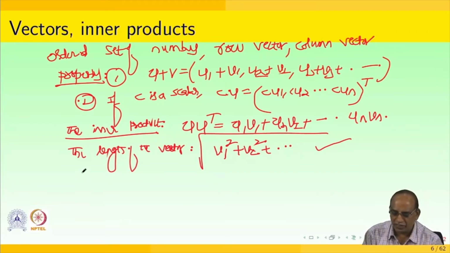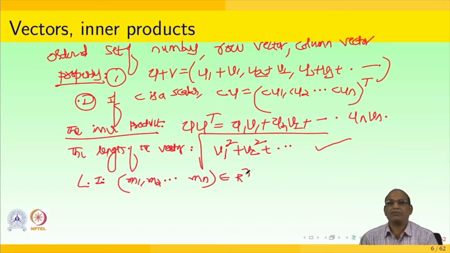We also talk about linear independence. Let us say the vectors m1, m2, ..., mn are all in the set R^n. These are vectors in R^n.